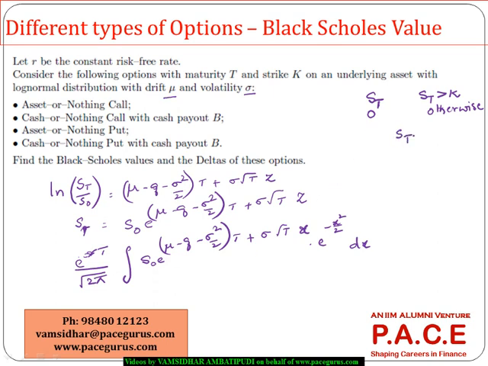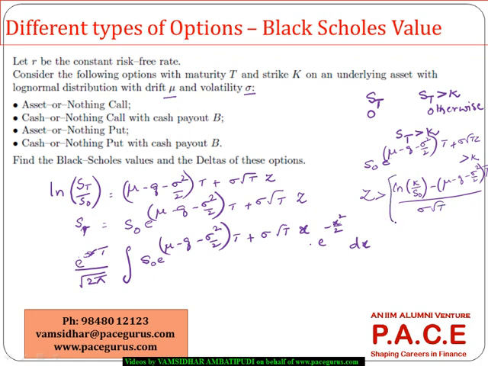The limits are found out from ST greater than K. When I say ST is greater than K, I am getting S naught into e power (mu minus q minus sigma squared by 2) times t plus sigma root t Z is greater than K. Otherwise, it is working out that I am looking for Z greater than [log K by S naught minus (mu minus q minus sigma squared by 2) into t] divided by sigma root t.